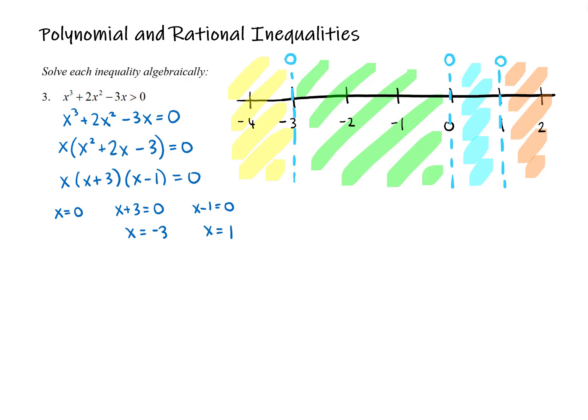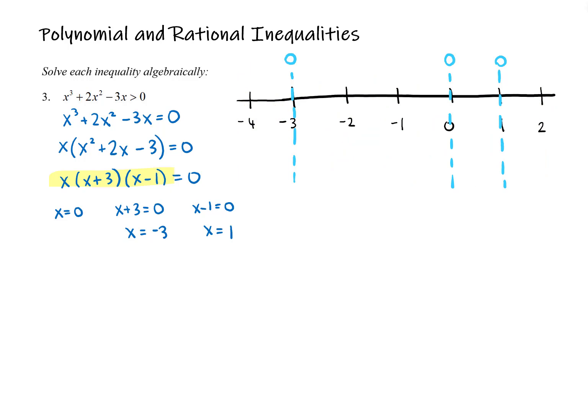Now in between our zeros we have to discover if those numbers are going to be positive or negative. To do that, I like to pick numbers in between our values and plug them into the highlighted factored equation. It's easiest to plug it into the factored function to find out if the function is positive or negative in each region.